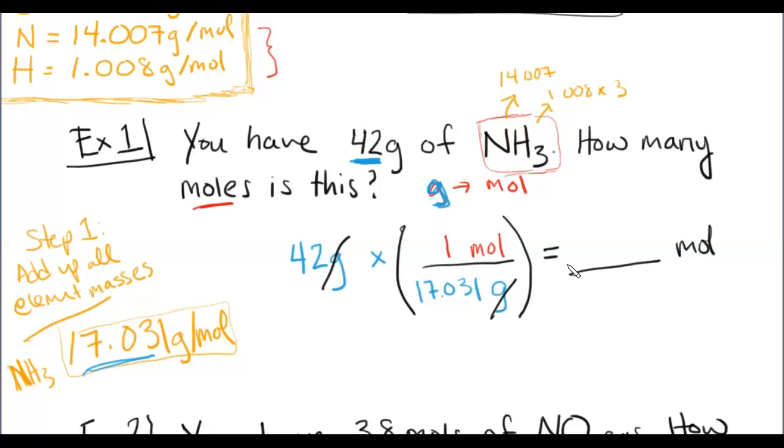So if we have 42 divided by 17.031, let's round this to the nearest hundredths place, that's going to give us 2.47 moles.